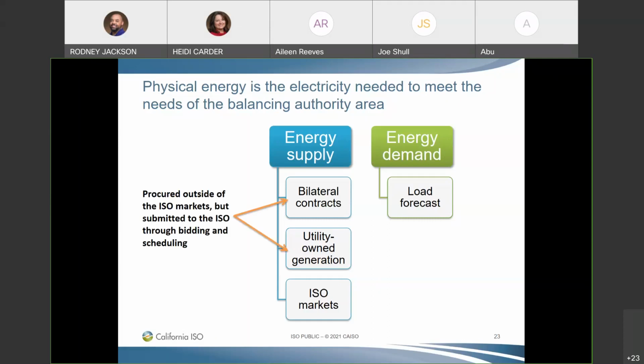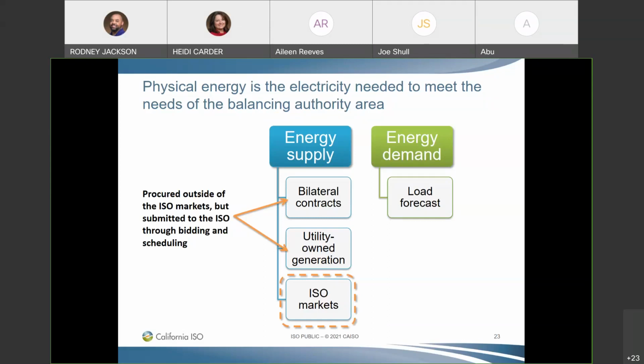Now, the day-ahead market enables suppliers to submit market energies not under contract, and enables buyers to procure additional supply in the event they do not have enough under contract to meet their demand. Now, we use demand forecasts, which allow us to know how much energy will be needed in real time to meet the load requirements.